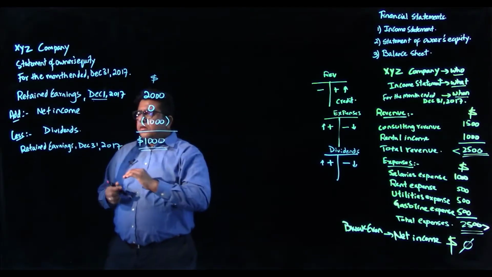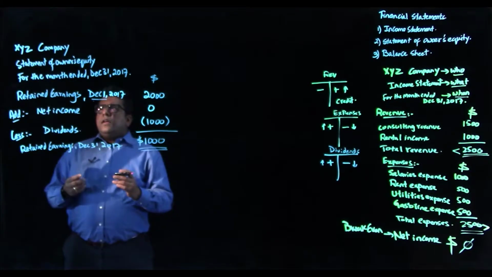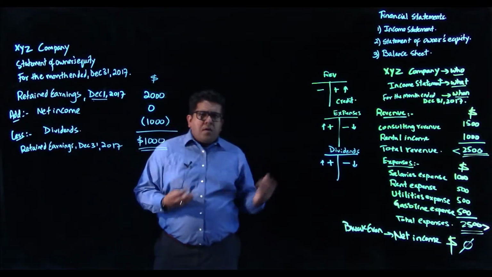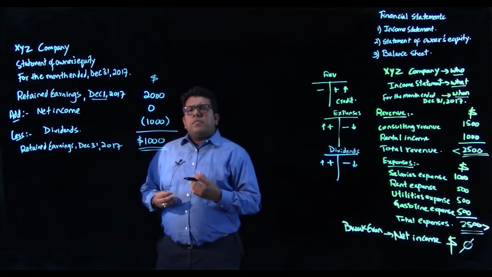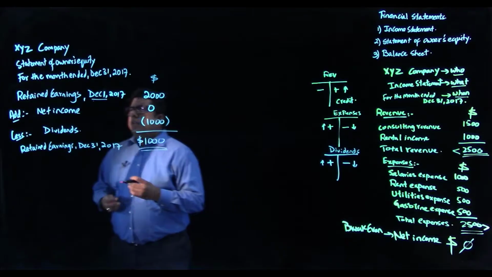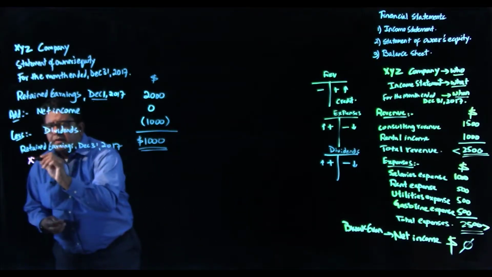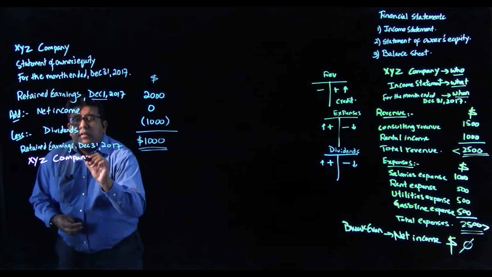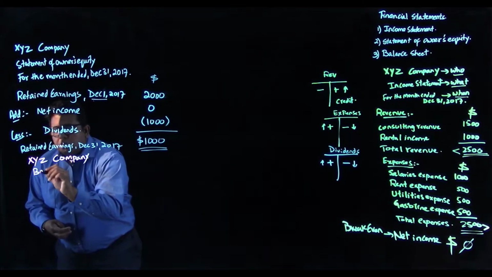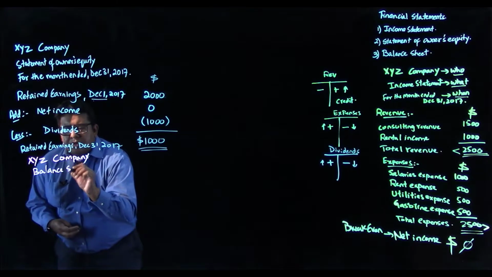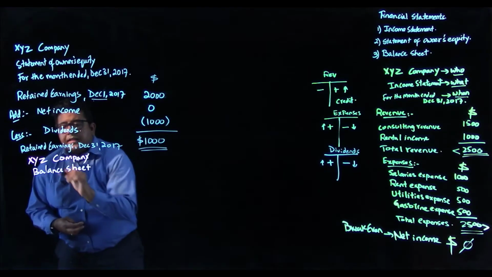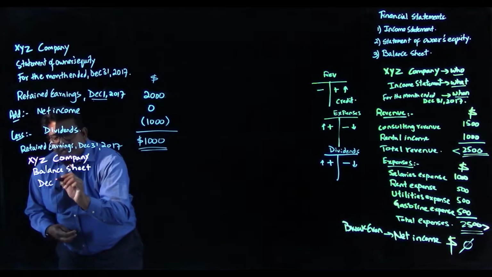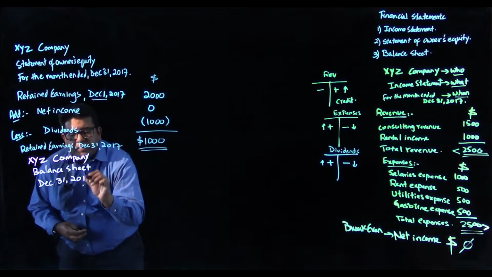It gives you an idea about the financial performance of the company, which is very important to know. So we will do the balance sheet for XYZ company, and we will do the same. The only thing different here is that you would write the date, which is December 31st, 2017.